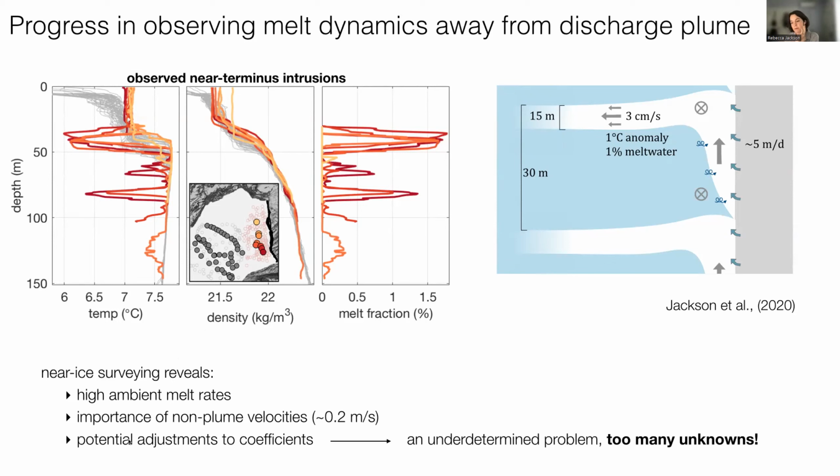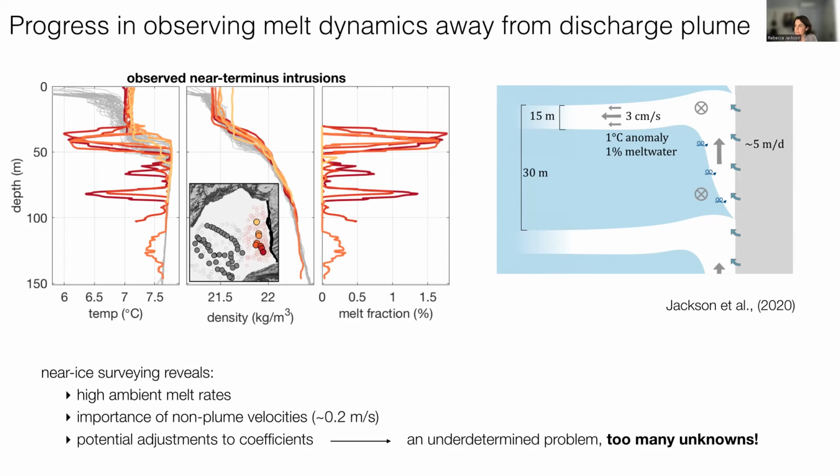We can explore potential adjustments to coefficients, but we have this problem that it's a really underdetermined problem. There are way too many unknowns, and these observations alone, at the tens of meter scale, can't constrain some of these important questions in the melt parameterization.